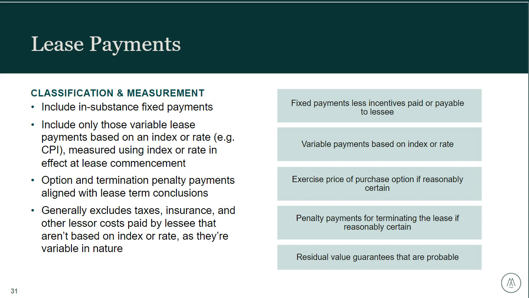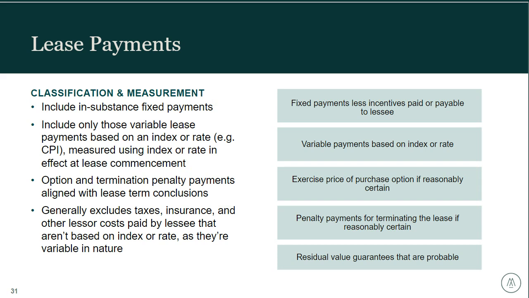You would use the index or rate in effect at lease commencement. So if a month down the road that index or rate changes, you do not remeasure your lease liability, okay?